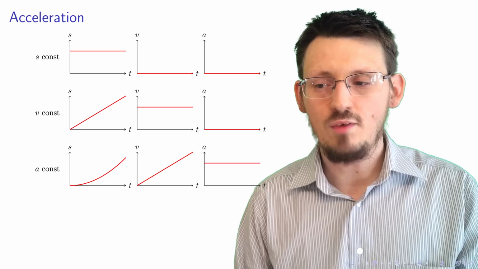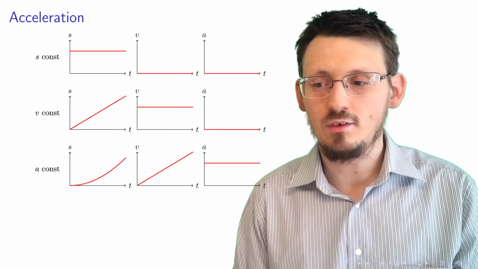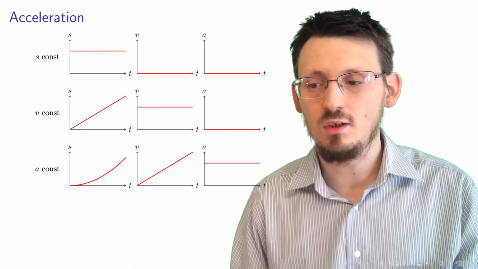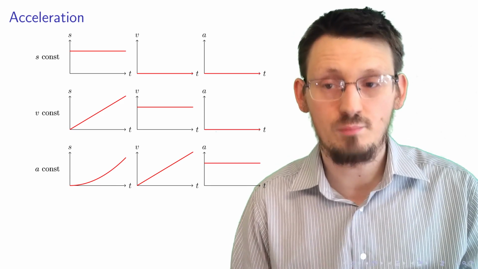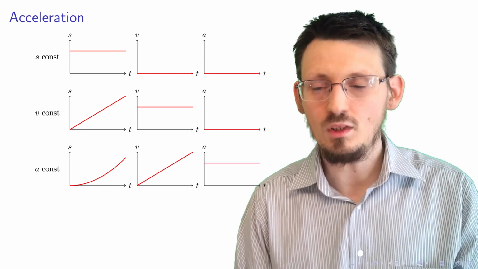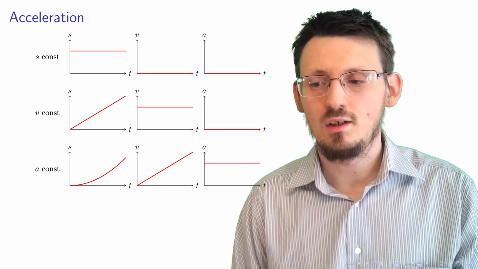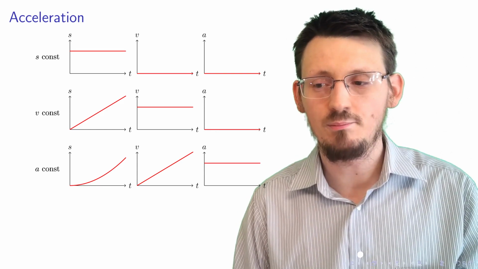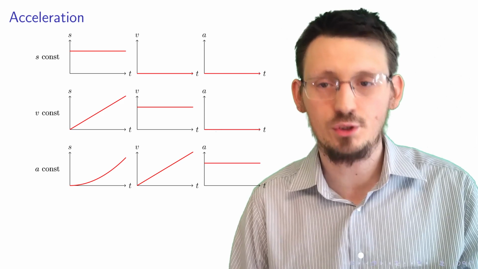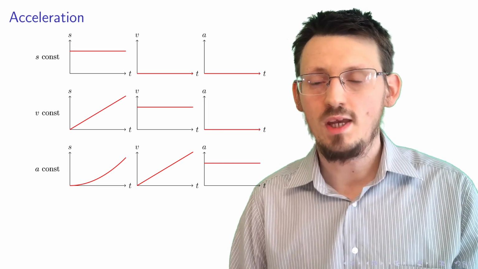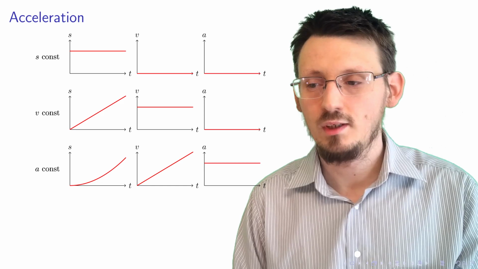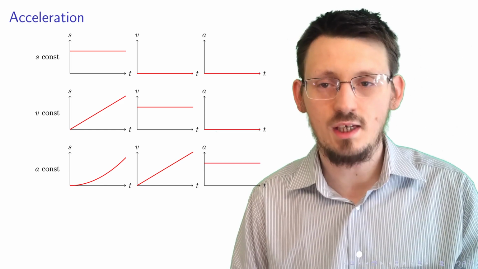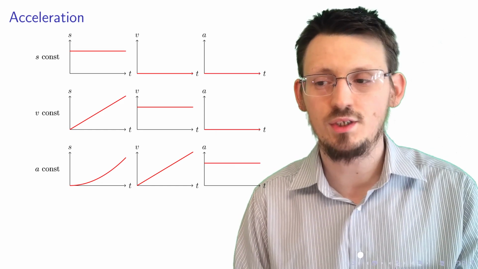The derivative of s is then in the second diagram 0, which means the velocity and the acceleration must be also 0. If in the next row the object travels with a constant speed, the s-t diagram shows a straight line, whereas the v-t diagram is constant and a is again 0, so there is no acceleration taking place.